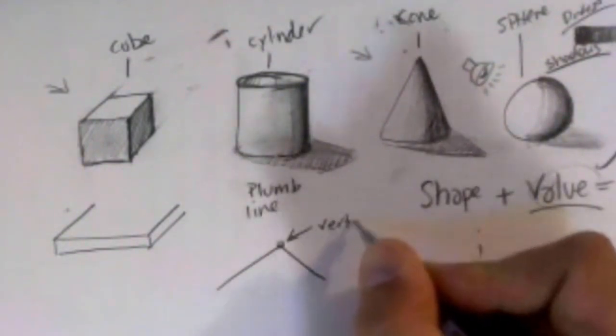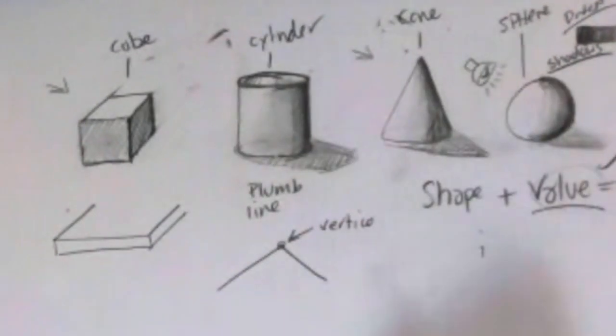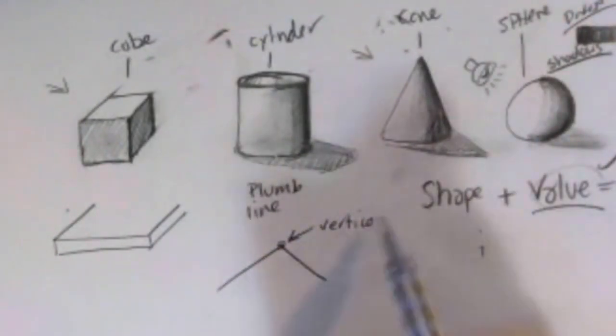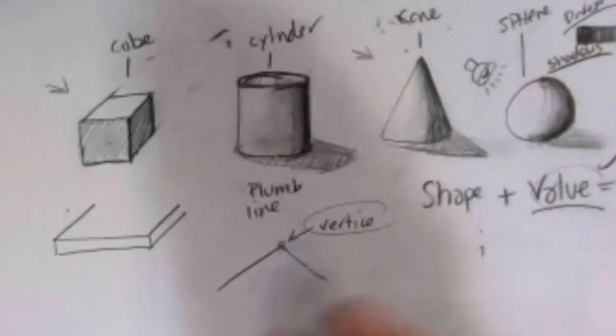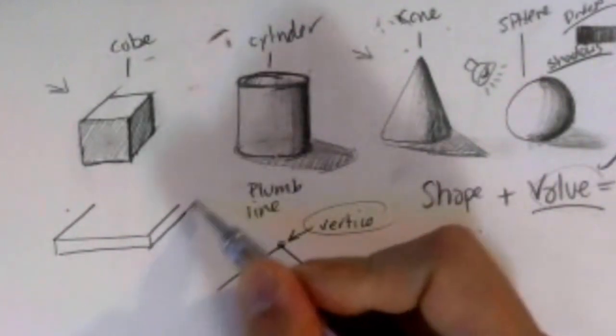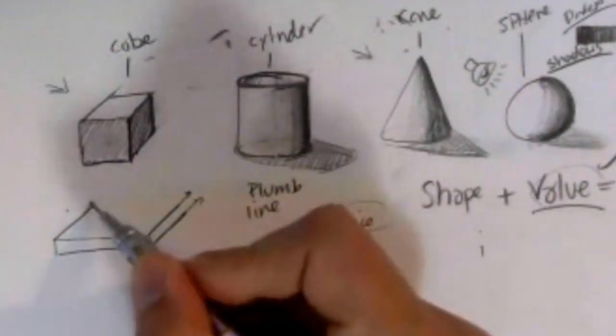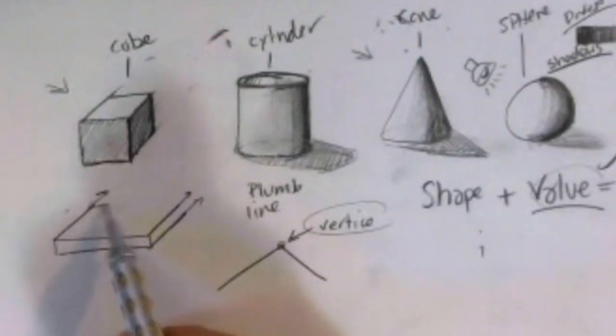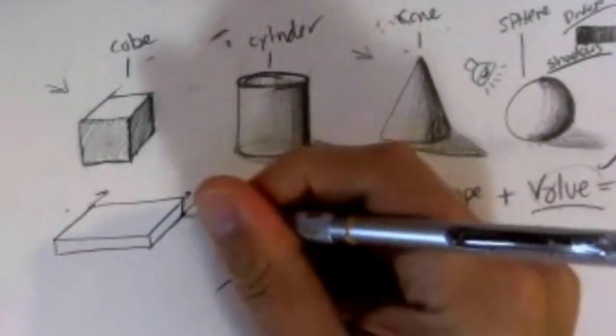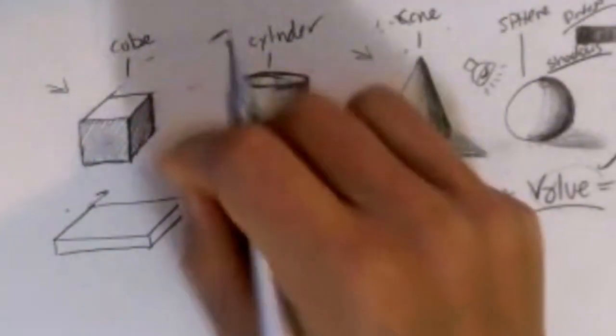Vertice. Where two lines meet. We are going to draw a line that's parallel. Okay, we're going to go in with our horizontal line, our vertical line, and then erase the excess.